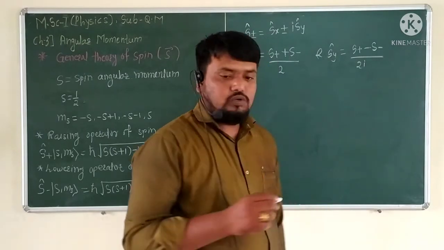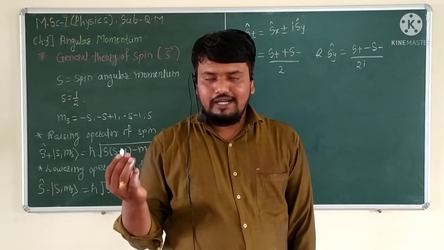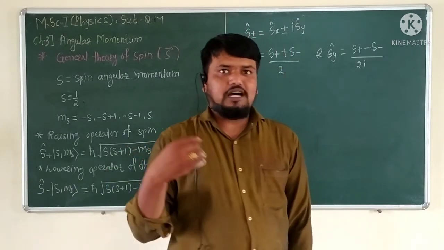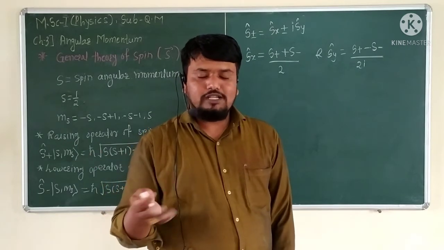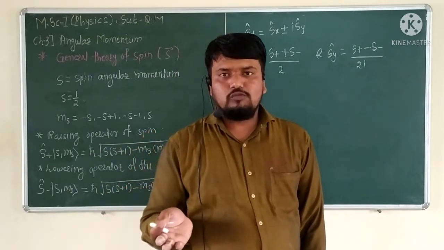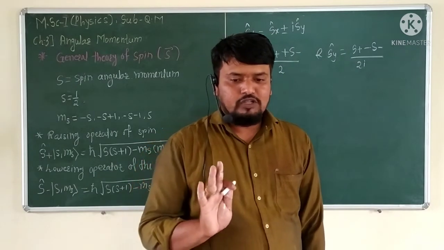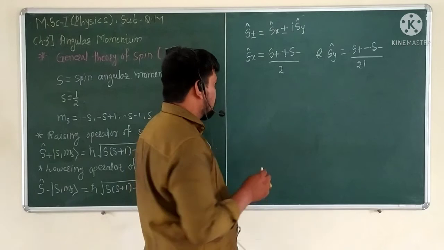Again we want to see here the eigenvalue of Sx square and Sy square. These are equivalent to the orbital momentum or total angular momentum eigenvalues we have already calculated, so I want to write down directly.